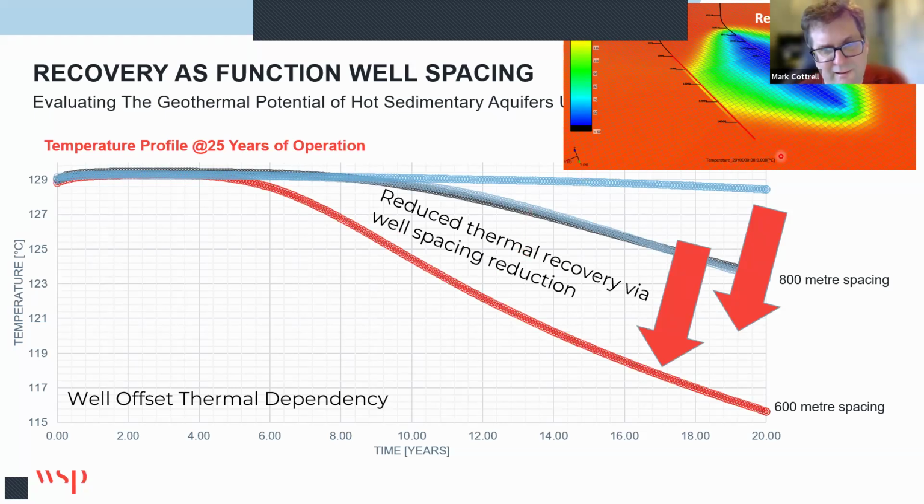In this type of environment, where we're seeing a significant matrix contribution to the flow, we can probably space these wells out a little bit more confidently than if it was just a standard fractured reservoir, where the flow was totally controlled by the fracture network in the system.